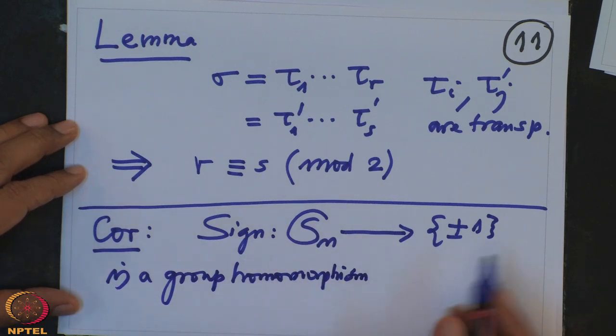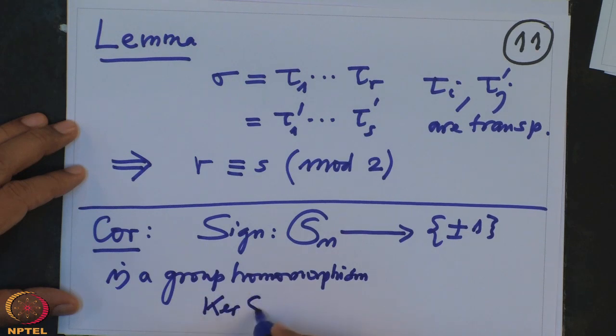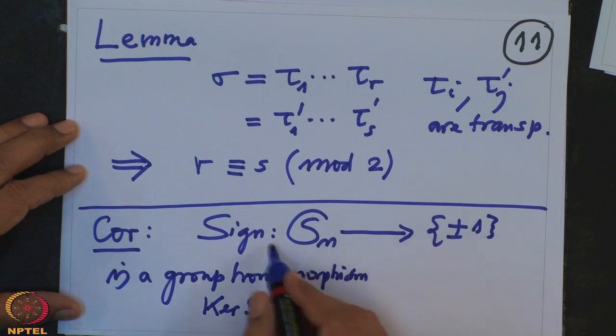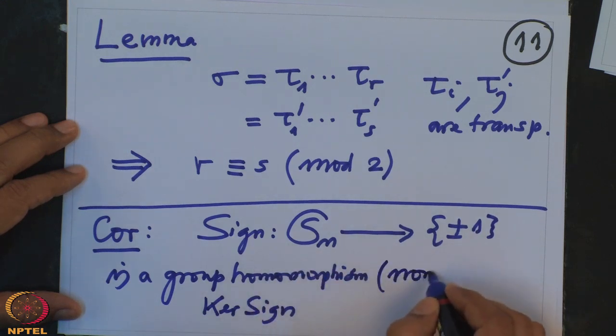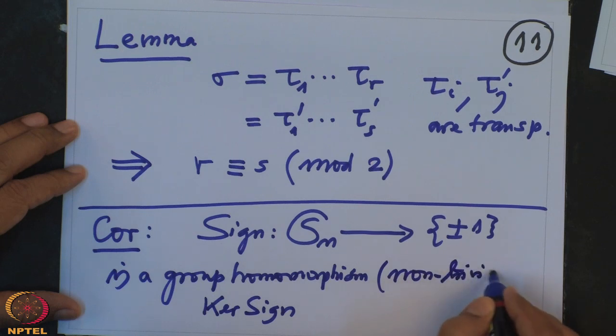So the signature is a homomorphism, and therefore the kernel makes sense. Kernel of sign. Obviously this group homomorphism is non-trivial when n is at least 2.